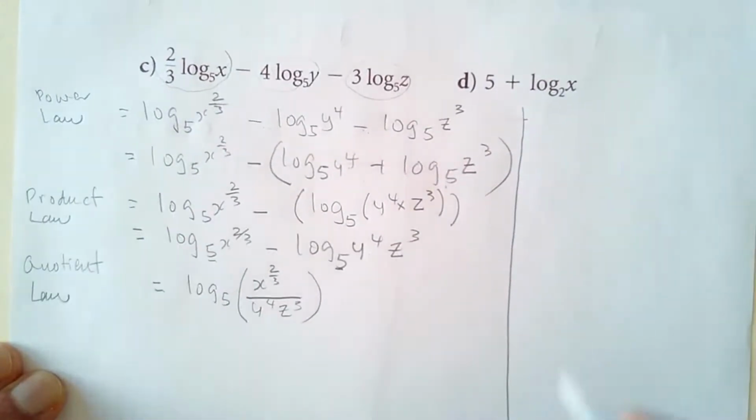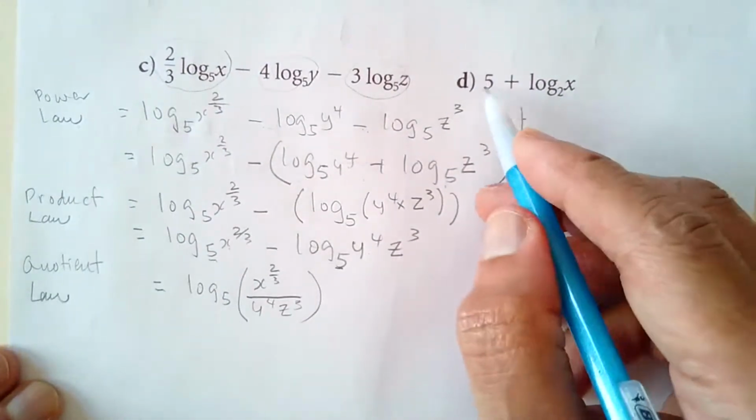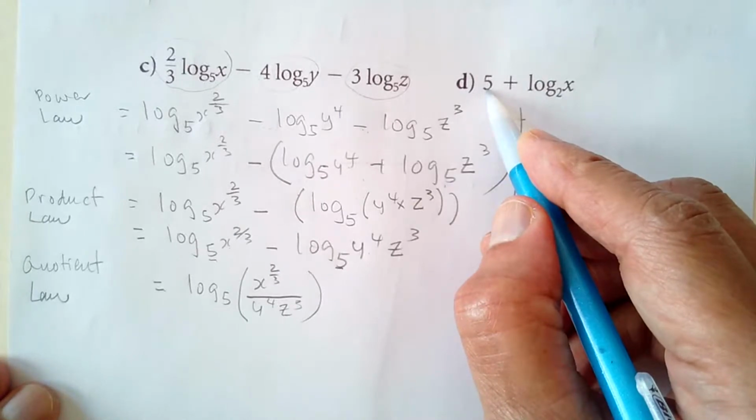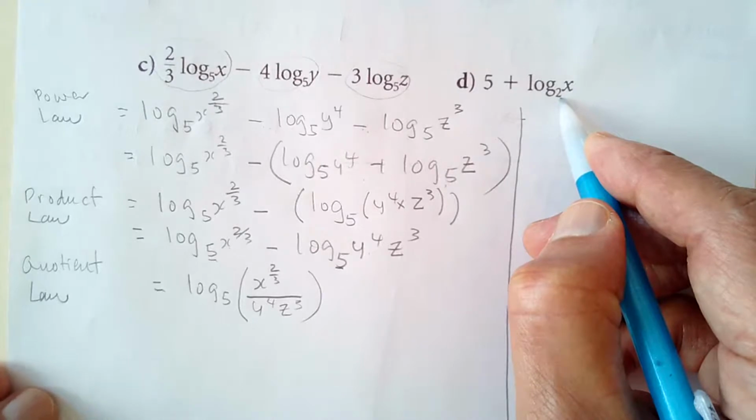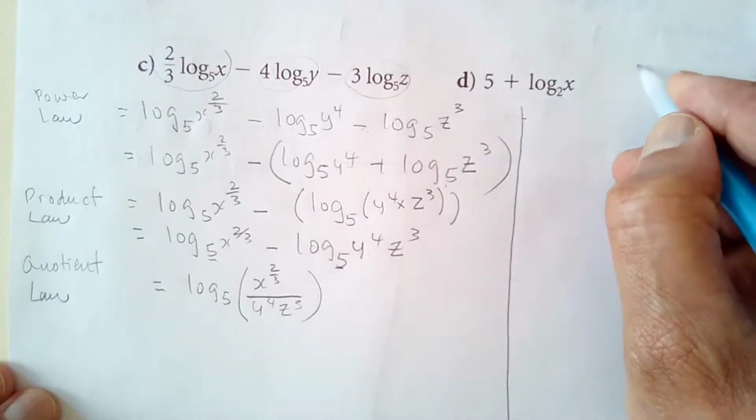So I'm going to use space here. This is a little bit easier now. Remember, we have to write 5 as a power of 2. So we are using this principle again.